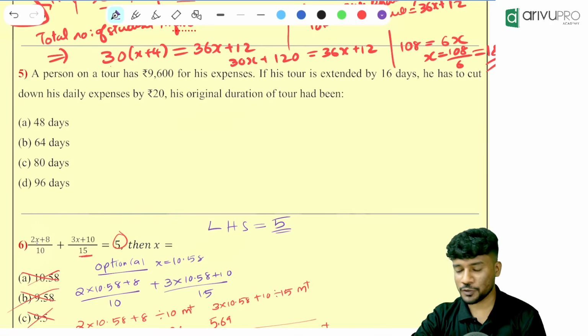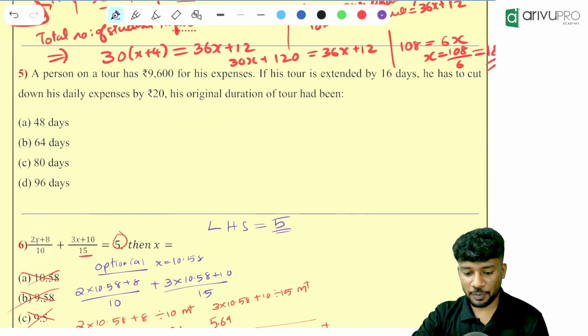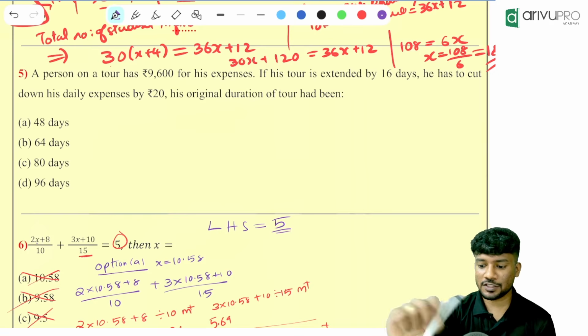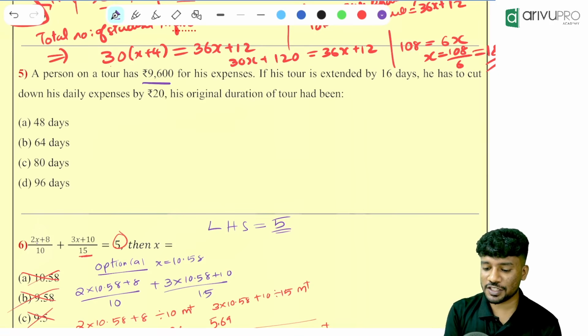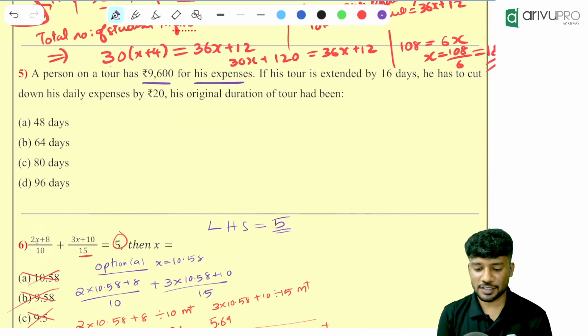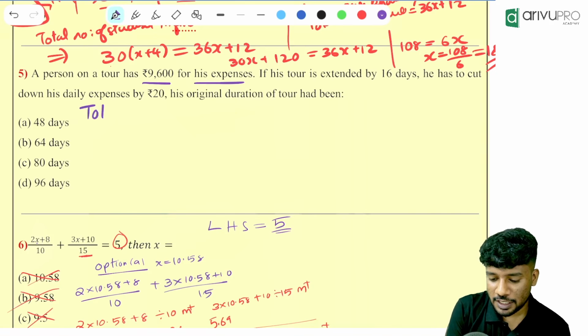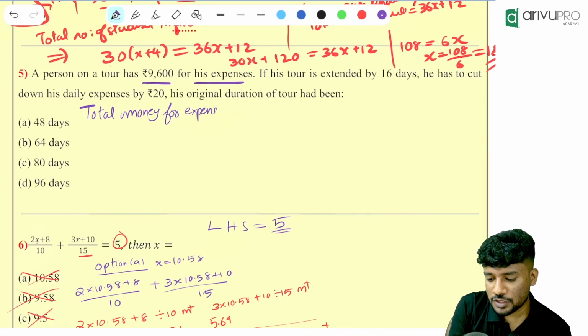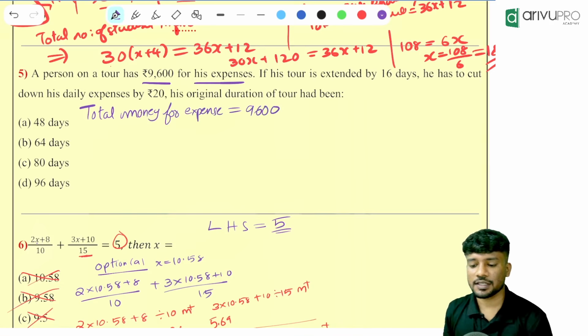Look here. The question is the same as that. A person on a tour has 9,600 for his expenses. That is the total amount for expenses. Expense is nothing but 9,600. Correct?